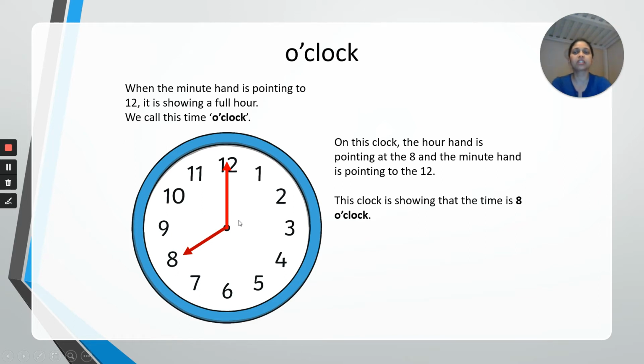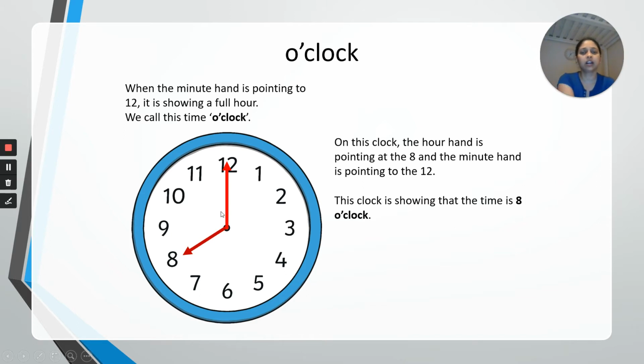So every time and any time that your minute hand is on the 12, we call this time o'clock. So we talk about the hour first and then we say o'clock. So because the hour hand is pointing on the 8, it is 8 o'clock.